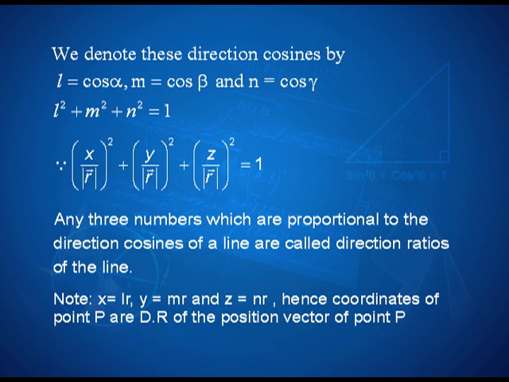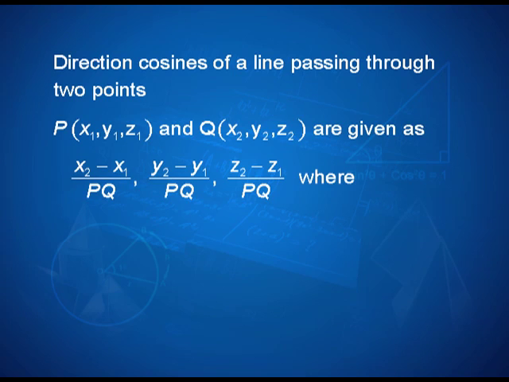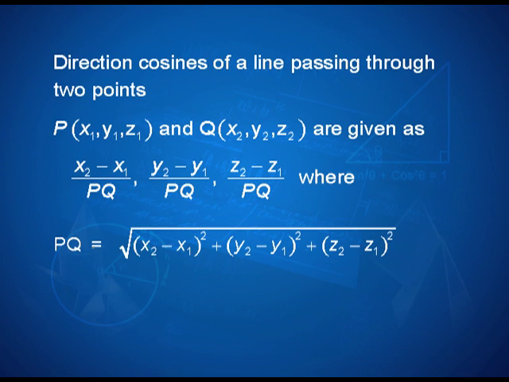Some people also call them direction numbers of the line. Direction cosines of a line passing through 2 points P and Q is given by x2 minus x1 divided by the magnitude of the vector joining P and Q, that is distance PQ as well. Similarly, y2 minus y1 upon PQ, z2 minus z1 upon PQ. Now, these results will come in handy.